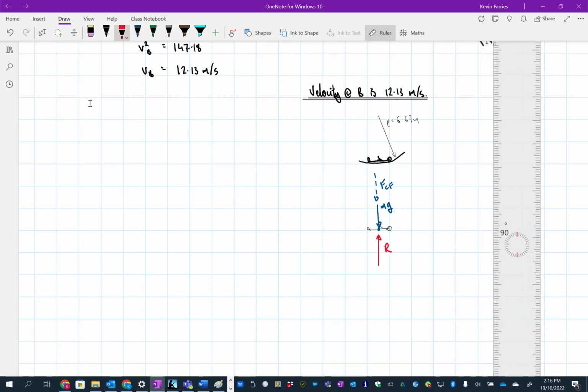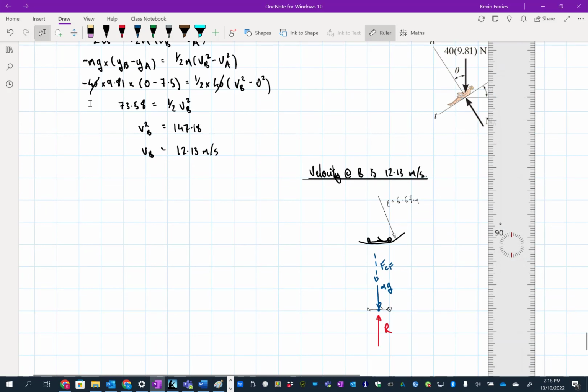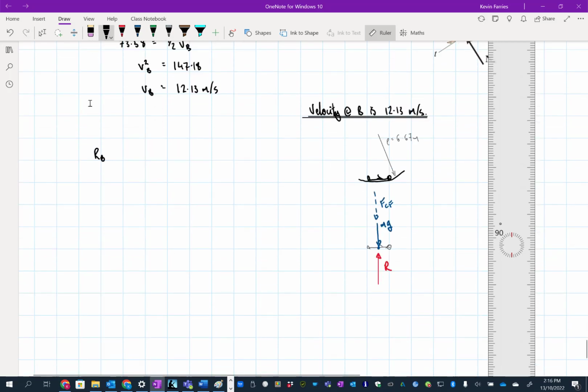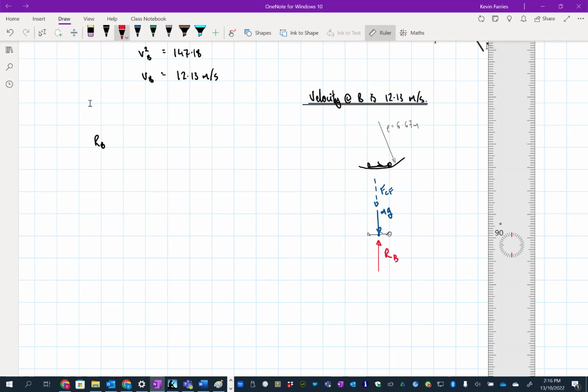We're going to have a reaction like so. So let's call it RB, because it's at point B. RB is going to be mg plus the centrifugal force. So it's balancing those two forces.